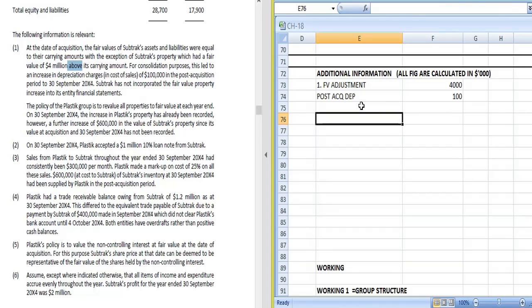Okay. So then, okay. The subtract has not incorporated the fair value property increase into its financial statement. Okay, so we need to record it. So I will just pass a journal entry.